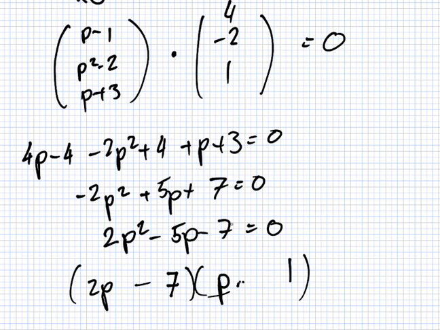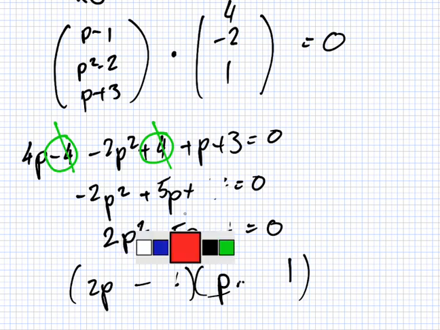My 2p is correct, my minus 5 is correct, so my 7 is wrong, possibly? Minus 4 plus 4. Yeah, minus 4 plus 3. Oh, sorry, I didn't see this one here. This one and this one cancel, leaving me with just 3. So, plus 3, minus 3.